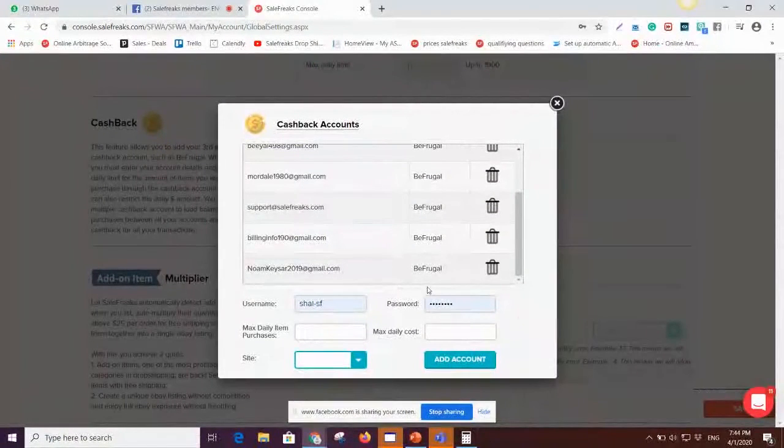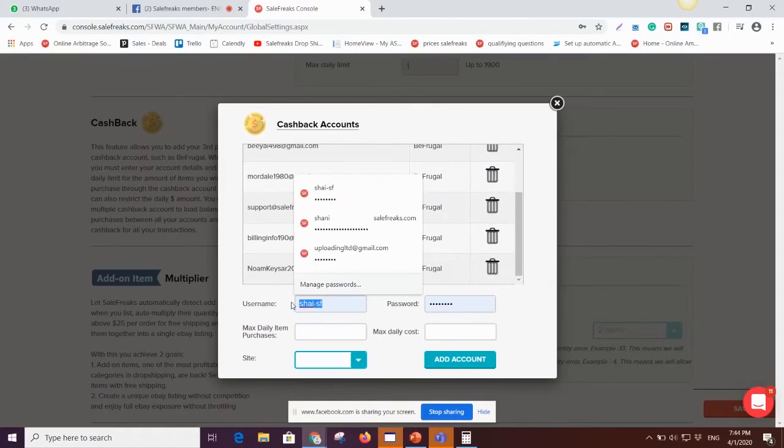When the auto orders makes the orders, when they diversify the orders between all of your Amazon accounts, they will also diversify the orders between the Be Frugal accounts. If you want to add a new account, all you have to do is put in the email, because when you register to a cashback portal, you put in your email and a password.